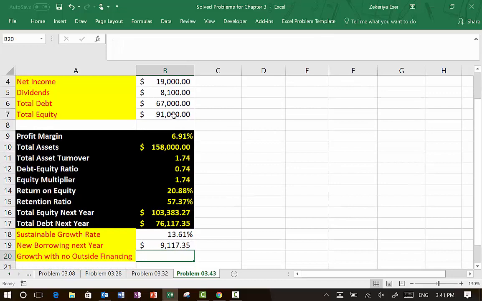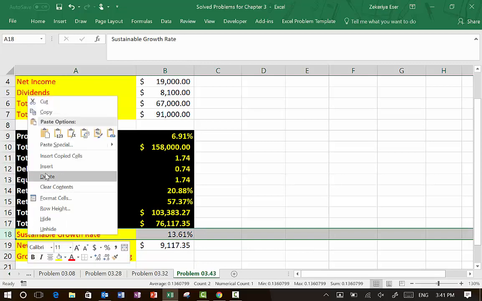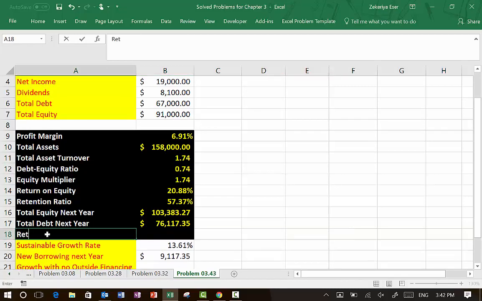If there is no outside financing, the maximum growth that we can have is the internal growth rate. And for that, I am going to need return on assets. Since I already had calculated assets, I'm going to take net income divided by total assets.